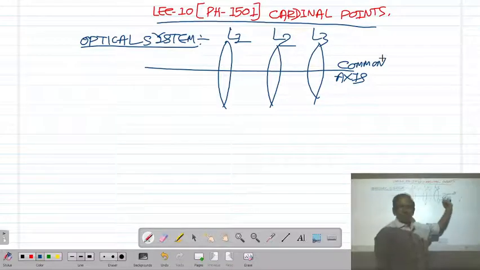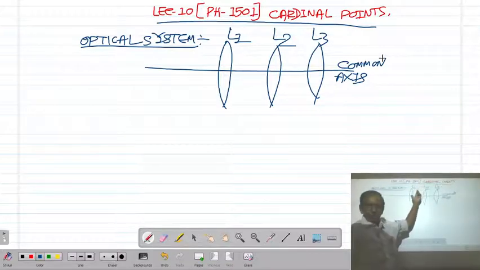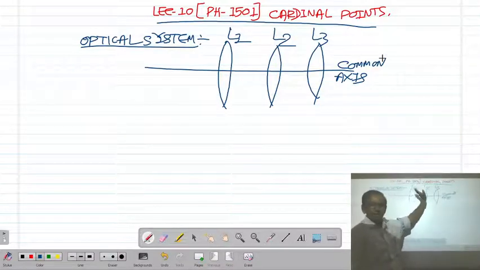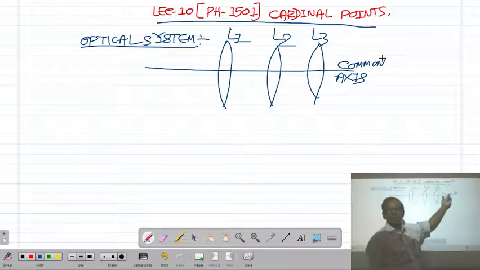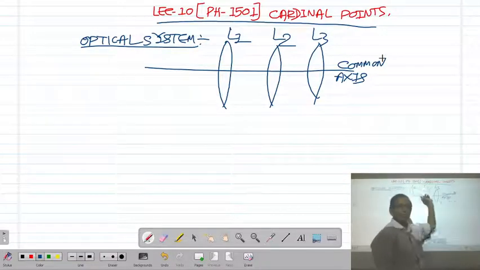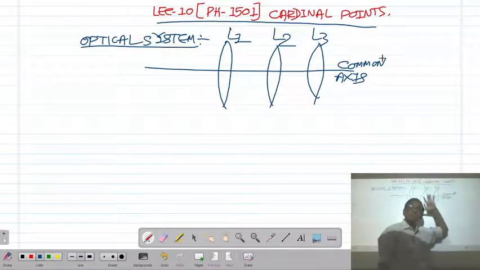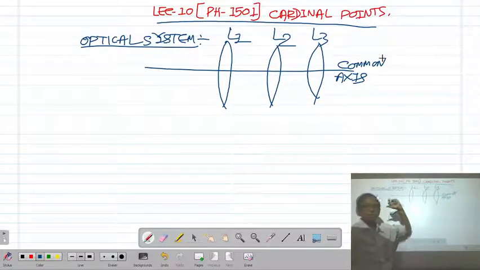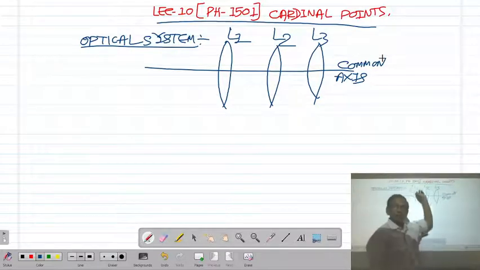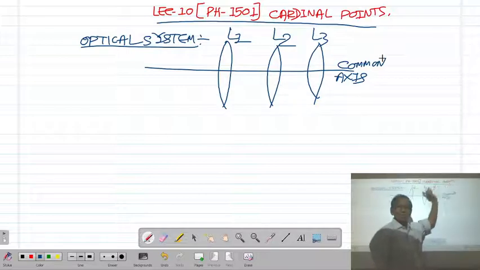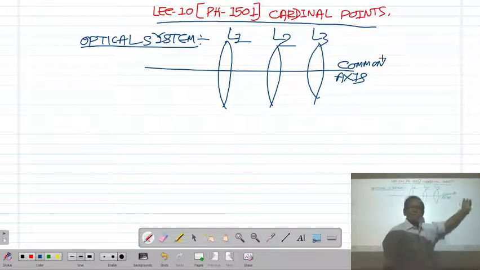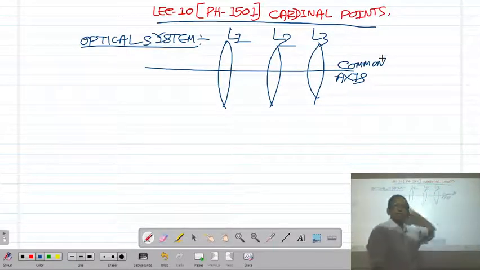I have shown a combination of three lenses L1, L2, L3. A system consisting of more than one lens having a common principal axis is called an optical system.